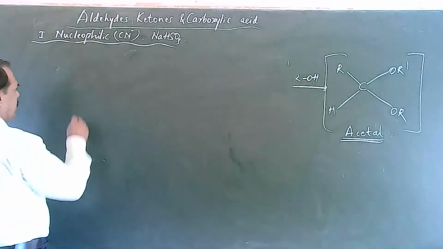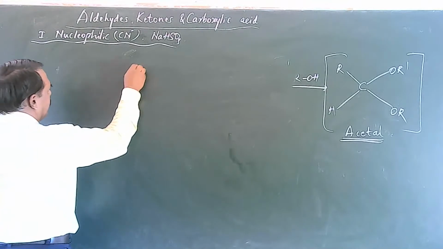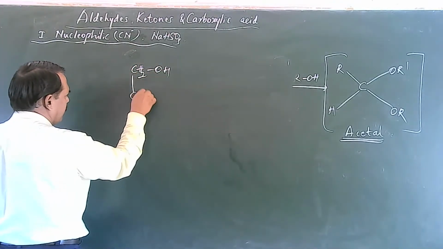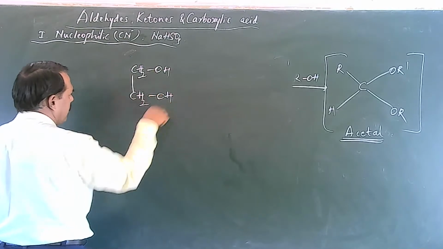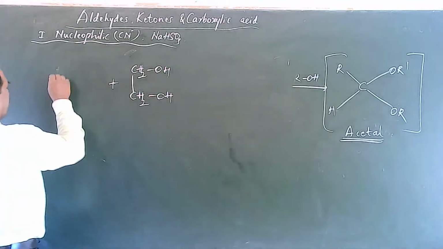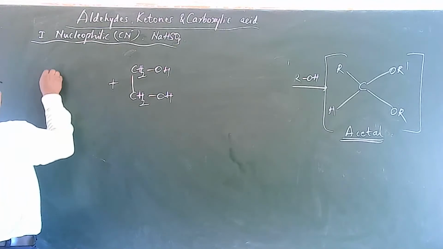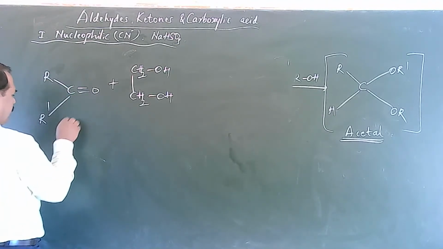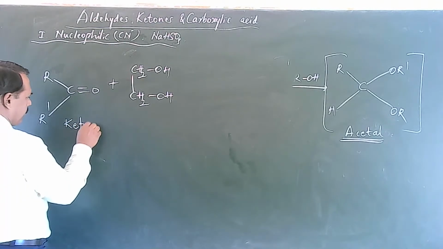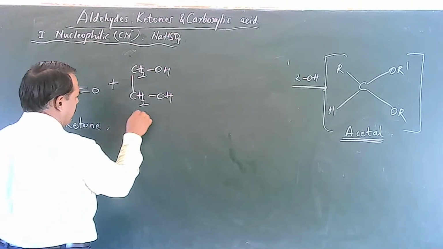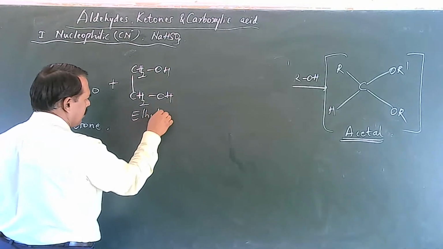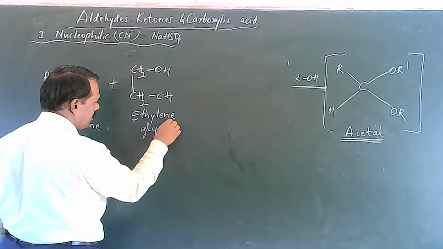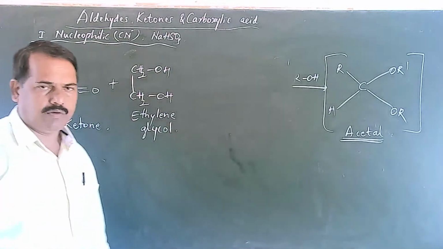We have ethylene glycol, CH2OH and again CH2OH. So when it reacts with a ketone, R C double bond O R dash, it is a very simple reaction.